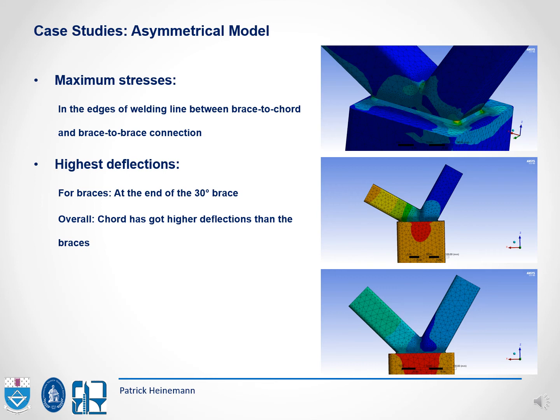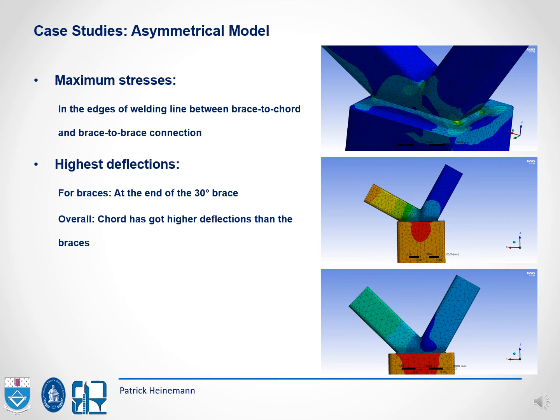The results for the maximum stresses can be seen in the first picture. It's a very similar picture to the symmetrical system. The maximum stresses are in the welding line and in the edges, especially from the welding line.